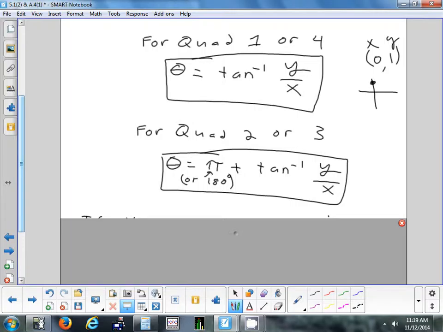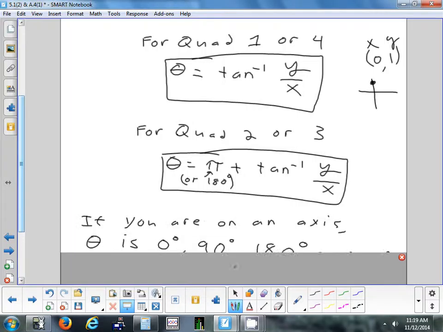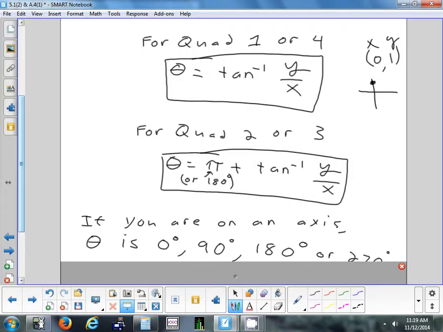Quadrant 1 or 4, quadrant 2 or 3. If you're in between quadrants, or you're on an axis, you pretty much just have to look at that and identify the angle yourself. If you're straight up, that's 90. If you're to the left, what angle is it if you go left 1? That's 180. How about if you went straight down? What angle is that?